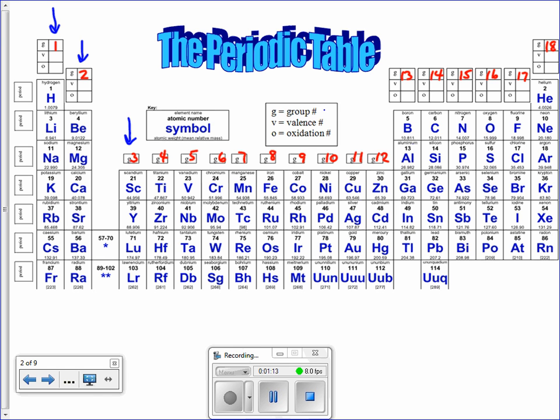Groupings are also considered families, because they do have all similar properties as you go up and down the group. Okay, so if you pause now, you will be able to fill that in. Also, you will be able to see there is a key here which you use for the actual elements.